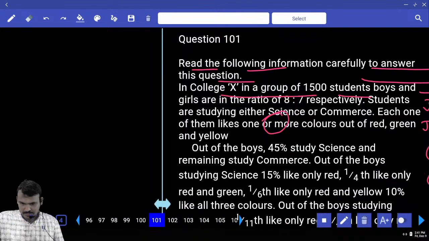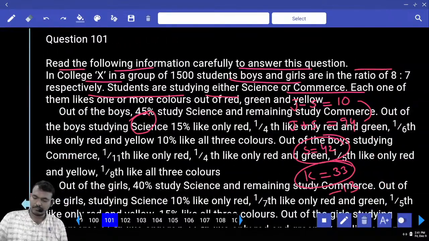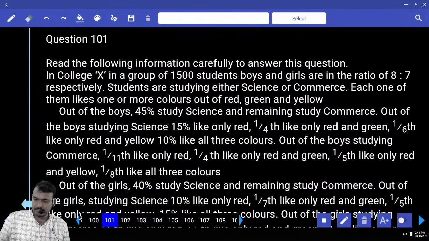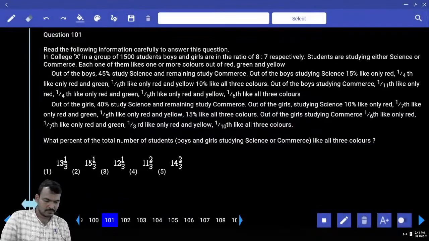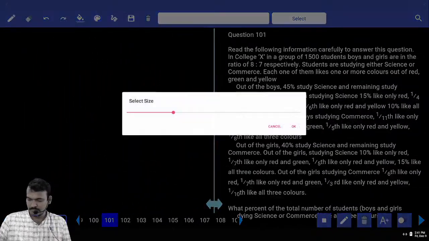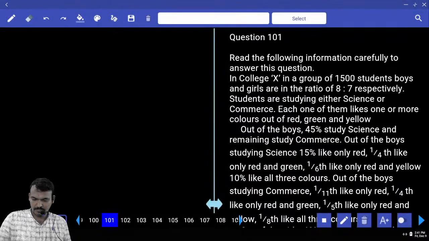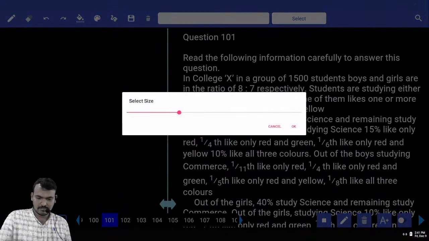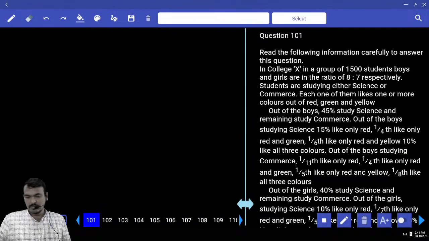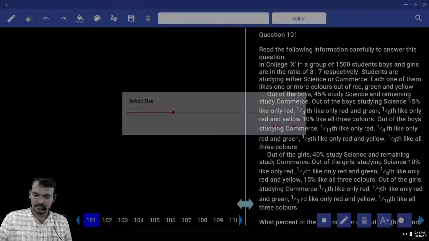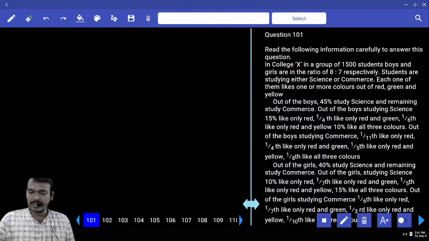Question number 101. In a college X, a group of how many students? 1500 students.